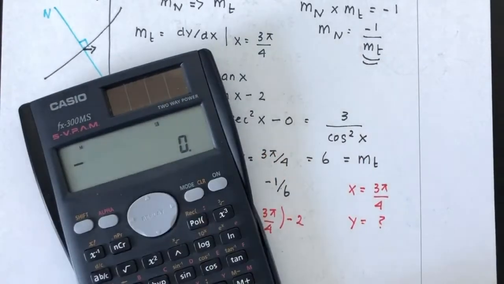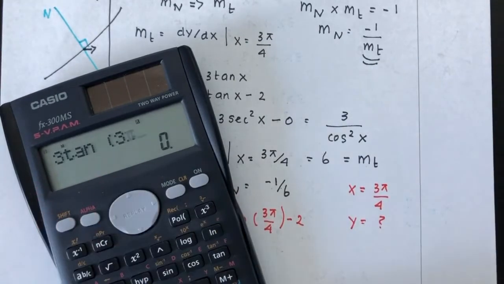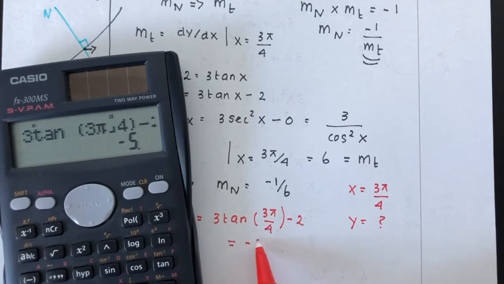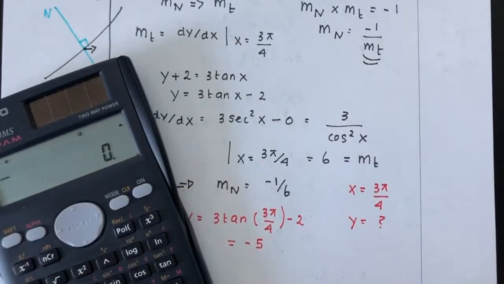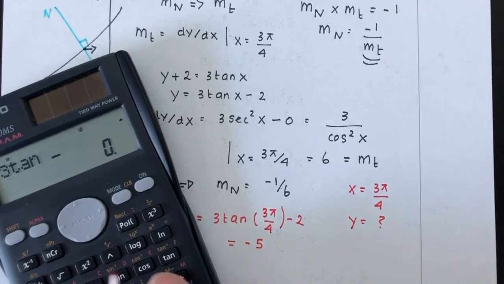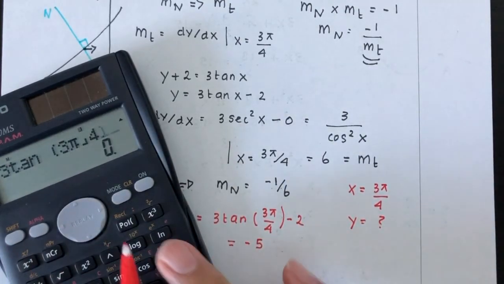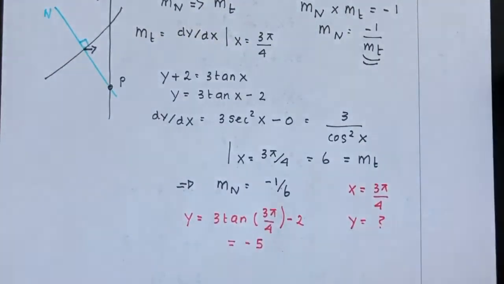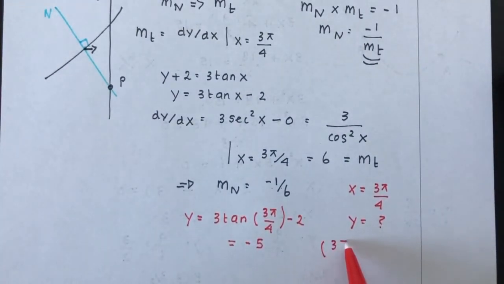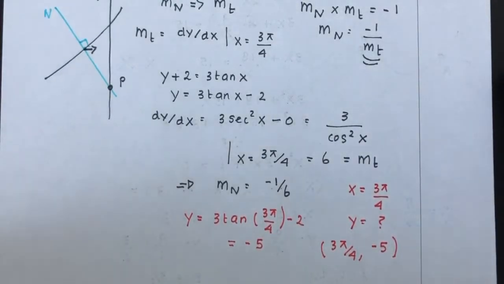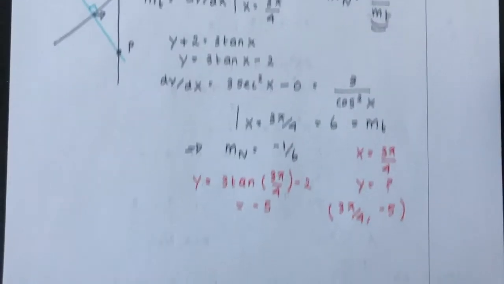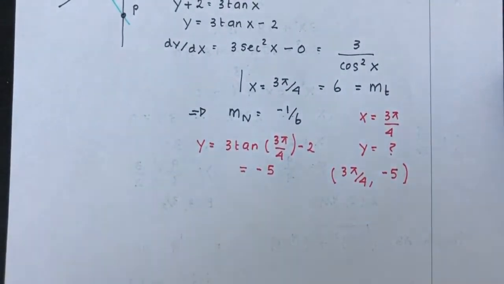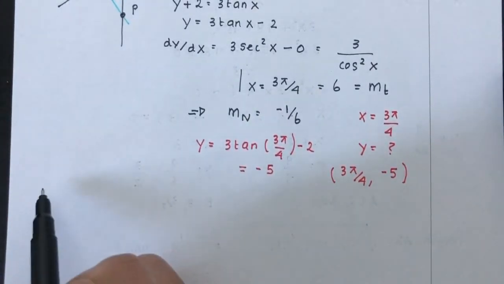So let's try: 3 tan of 3 pi over 4 minus 2. That will be minus 5. So let's try just to make sure: 3 tan of 3 pi over 4 minus 2, minus 5. Good. So the passing point is 3 pi over 4 and then minus 5. That is this point right here. Now we have to find the equation of the normal. So step by step, it's not done yet. So equation of normal.